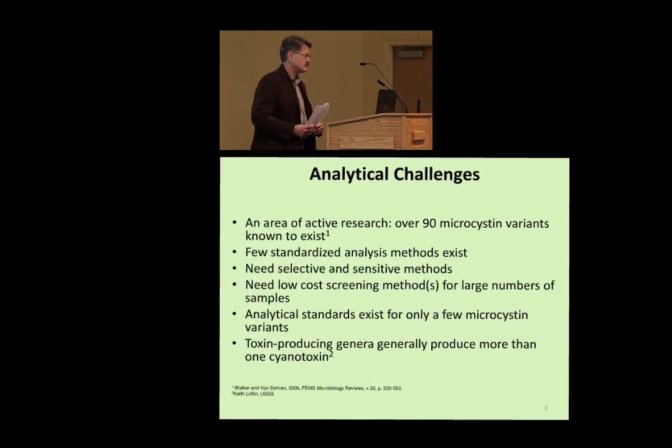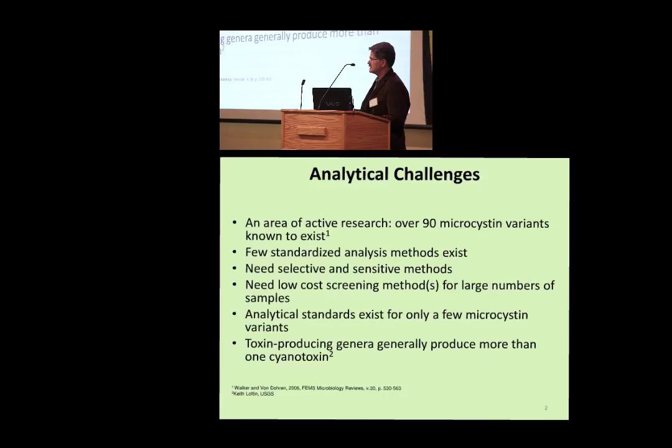Kim mentioned this. This is an active area of research. Over 90 microcystin variants are known to exist. There are few standardized analysis methods. And we need both selective and sensitive methods for this, because you saw the toxicities that Kim showed.